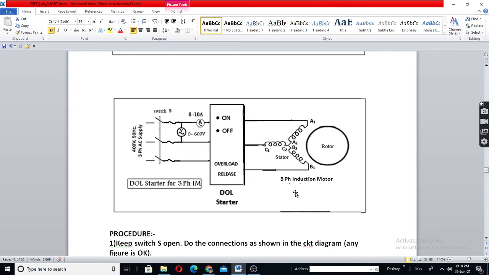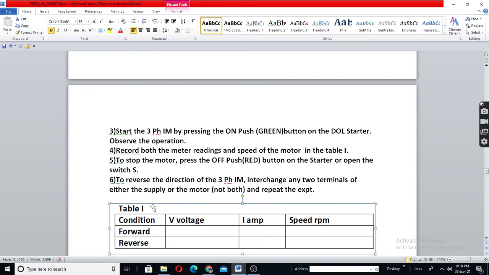To reverse the direction of rotation of the rotor, what we have to do is interchange any two terminals of either the supply or the motor.